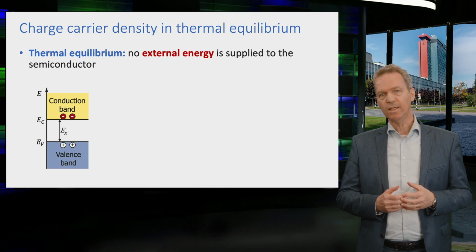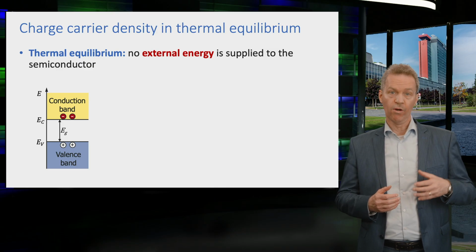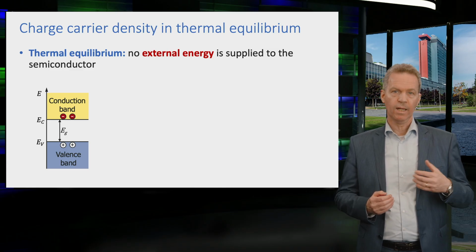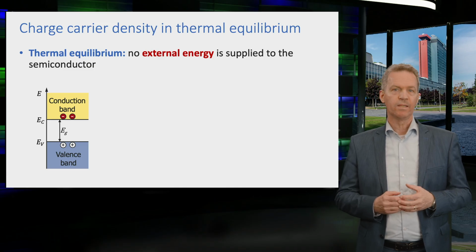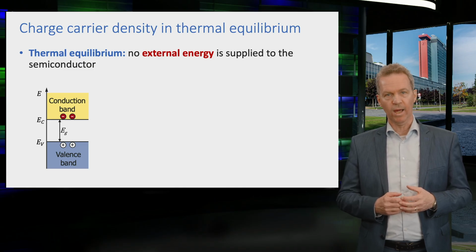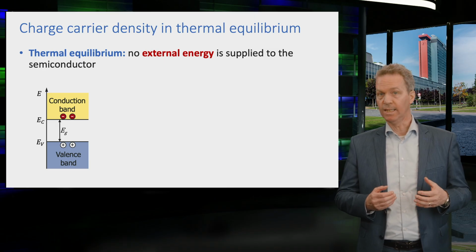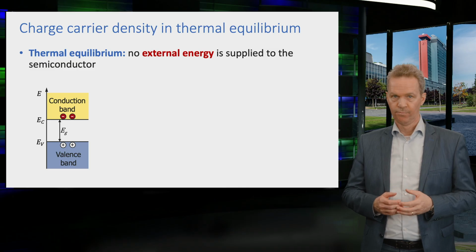Here you see the energy band diagram of a semiconductor, with the electronic energy in vertical direction and the position in the semiconductor in horizontal direction. In this diagram, we distinguish the valence band in gray, EV, and the conduction band in yellow, EC, separated by the band gap Eg.